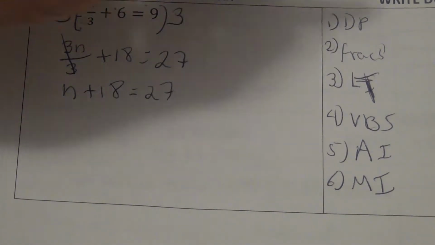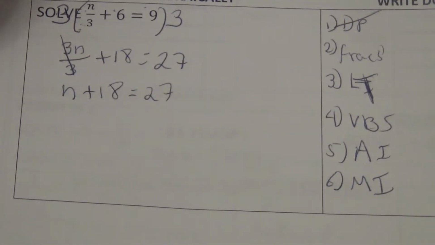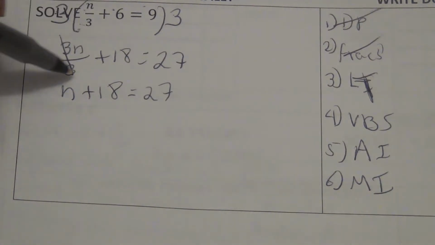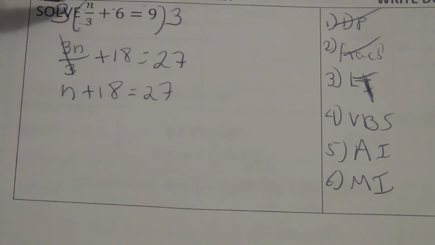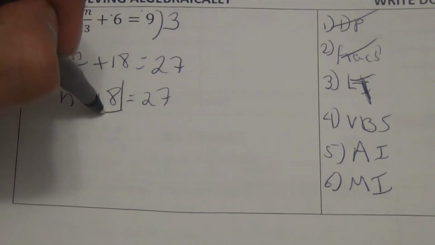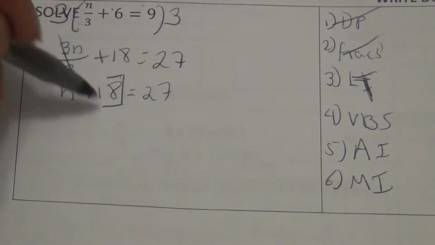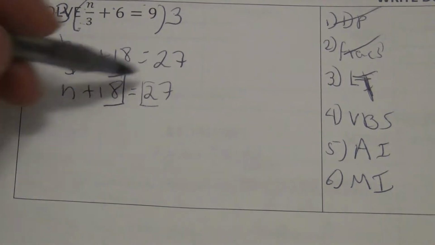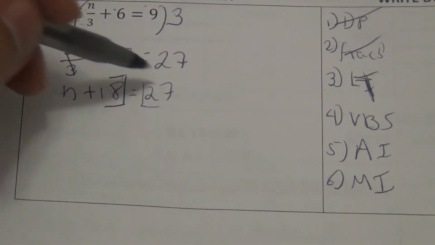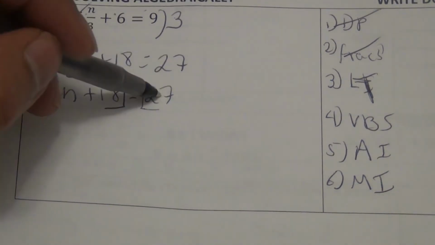All right, so distributive property taken care of because there was none. Fractions, there was a fraction, so I multiplied the whole thing by the common denominator. Like terms, do I have like terms on each side of the equation? Well, this is one side and this is the other side. No, I don't have any like terms. Okay, do I have variables on both sides? Nope. One here but not here, so taking care of variables on both sides.